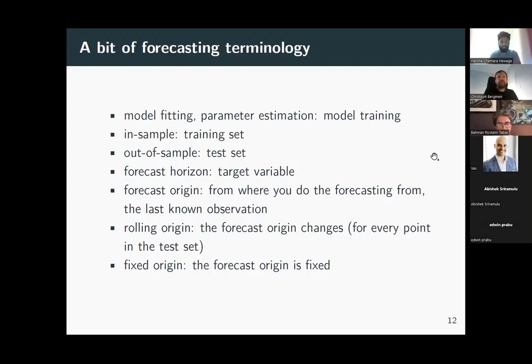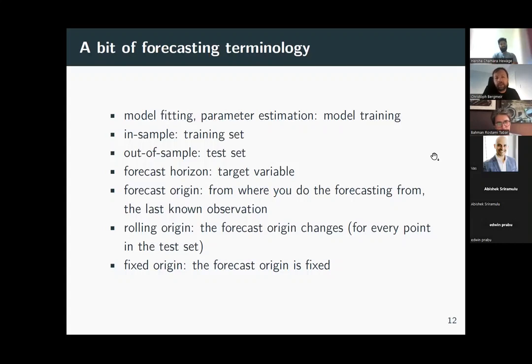Let me start off with a bit of forecasting terminology, right? If forecasters talk about model fitting, parameter estimation, that would be what a machine learner calls model training. In sample would be the training set, out of sample would be the test set. Forecast horizon, that's the target variable, like do you want to forecast 1 day ahead, 2 days ahead? Forecast origin, that's where you do your forecasting from.